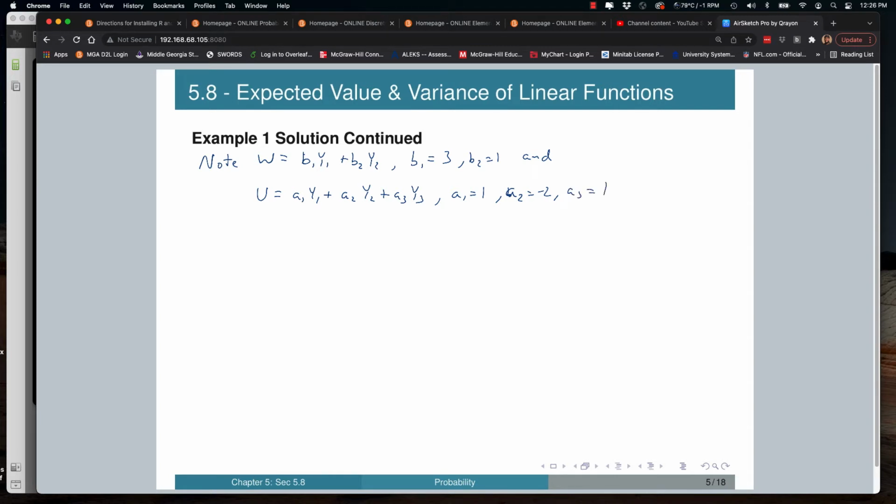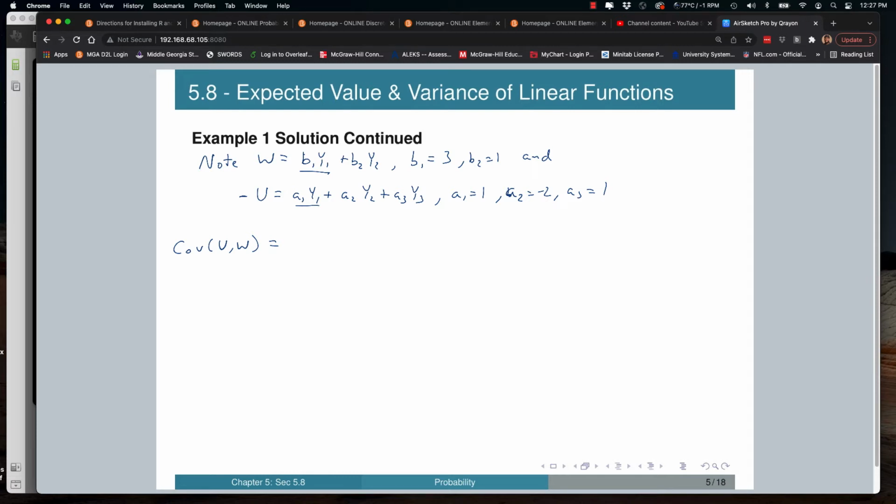All right. To find the covariance of U and W, it's literally going to be us pairing. It's almost like taking each term in this function and multiplying it times each term in the other function.